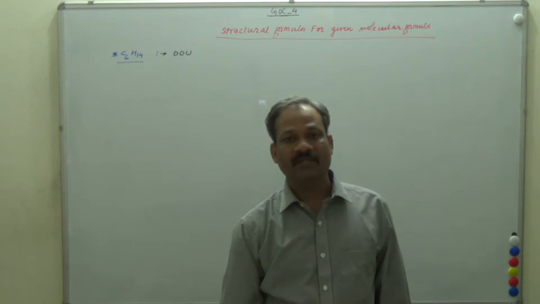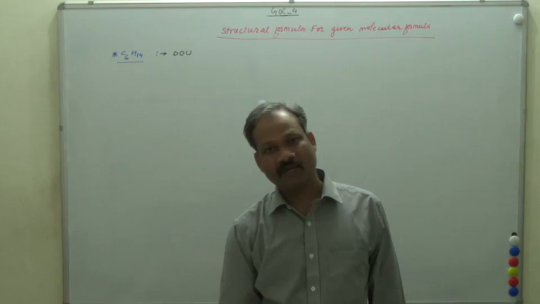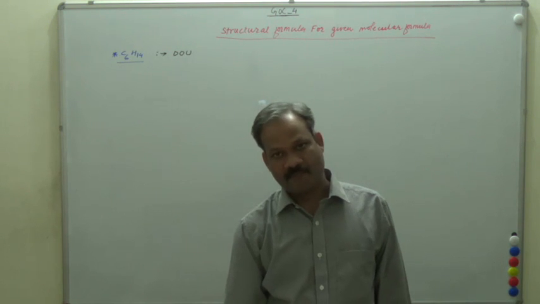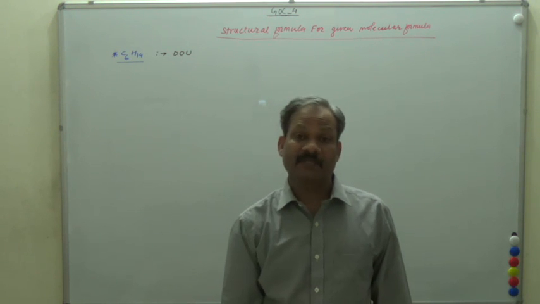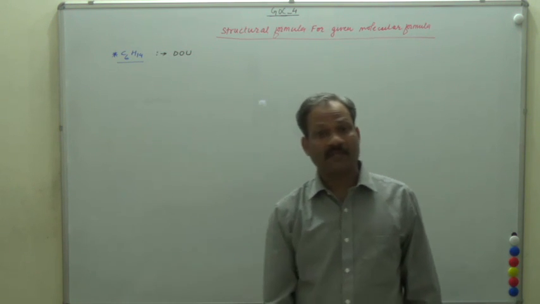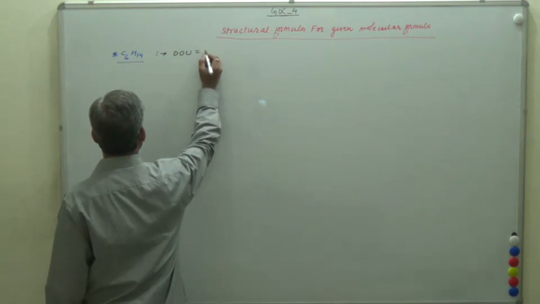So the difference of hydrogen atoms in the corresponding alkane and the corresponding hydrocarbon is 0. Half of this difference is also 0. So the degree of unsaturation in this compound is 0 degree.